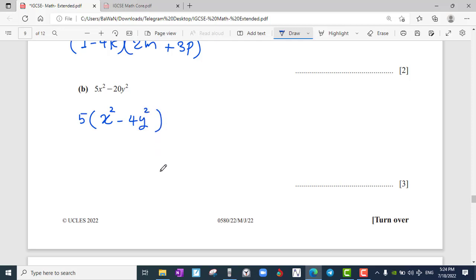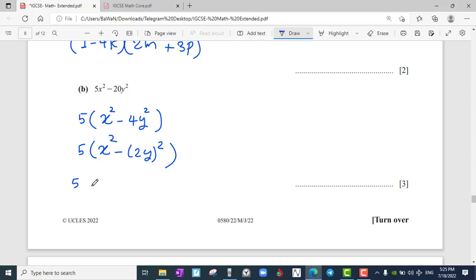Now I'm sure I need to use difference between 2 squares because 4 is a square number and each of x and y are squares. Between them is minus. So if I write this as one term with power 2, I rewrite like this: x squared minus (2y) squared. Now I have one term power 2, another term power 2, minus between them.